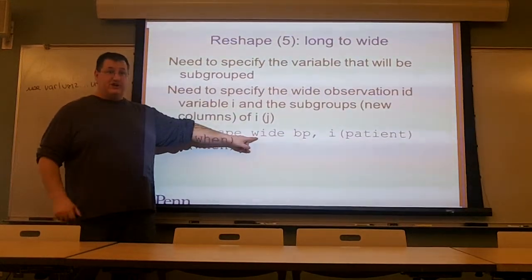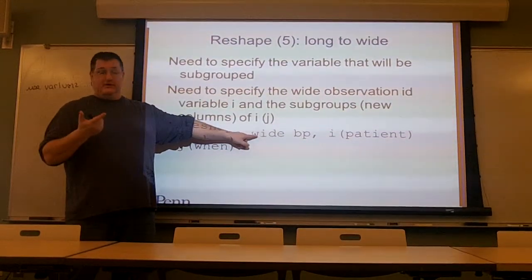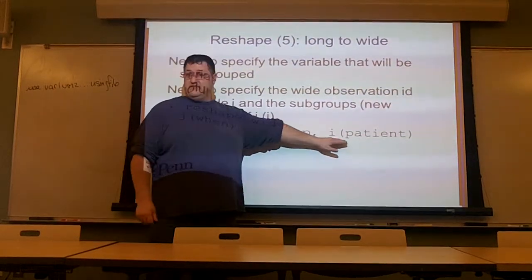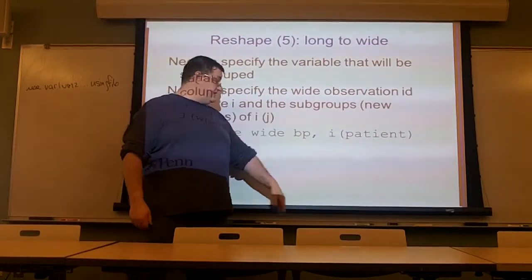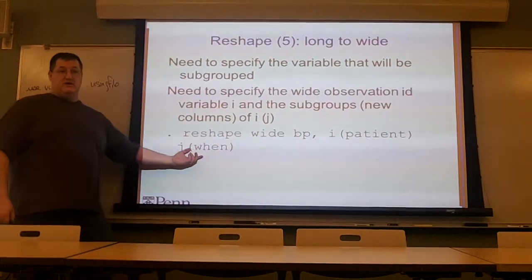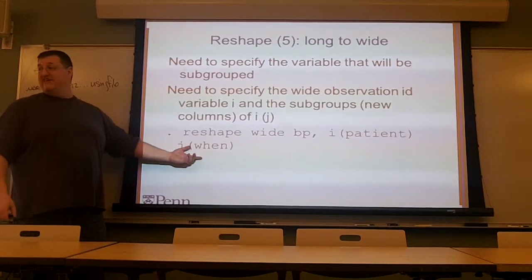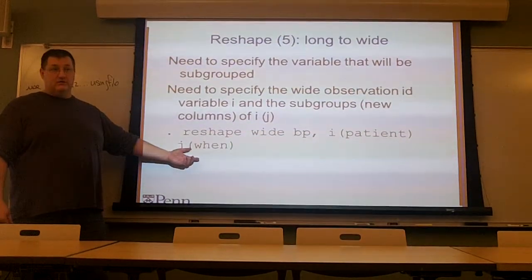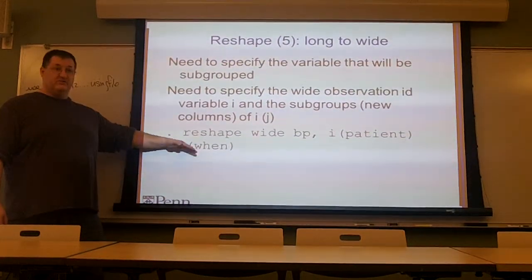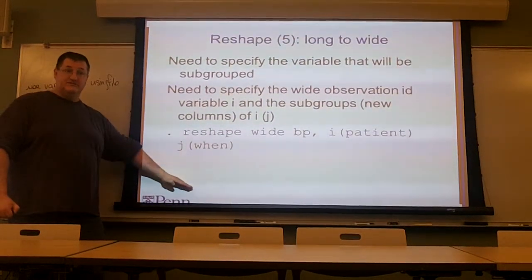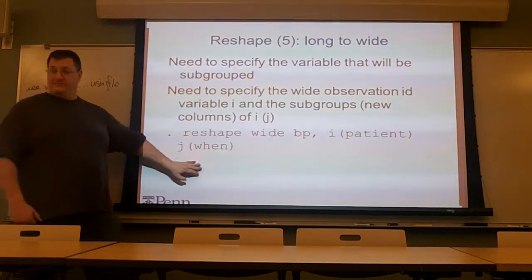It's the direction I want to do the transposition. What are the variables that I want to transpose? And again, what's my pivot? And then what's going to be the other variable, what we refer to as the time varying variable. So this tells me the differences between the times. That's what this is.